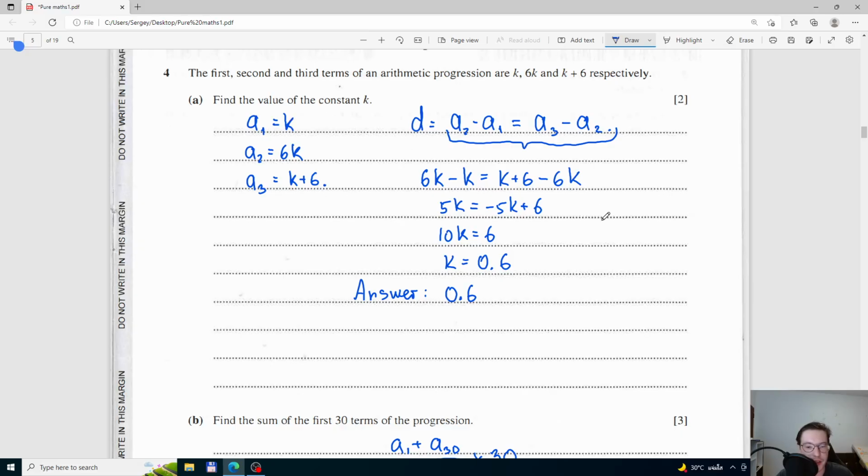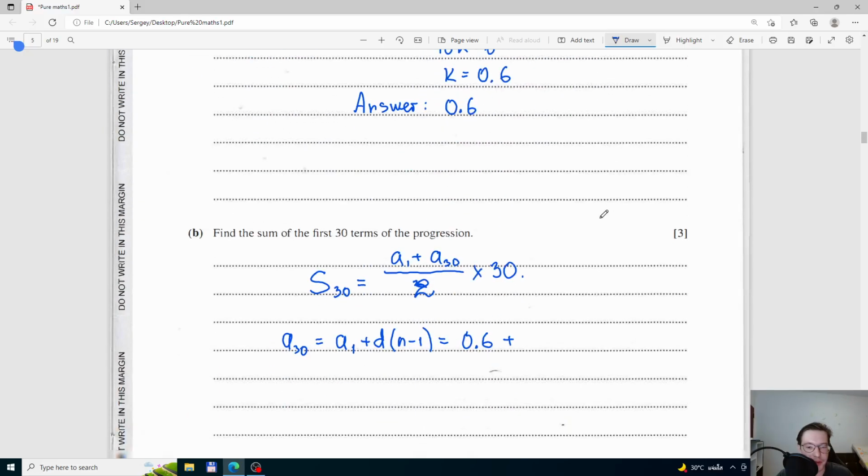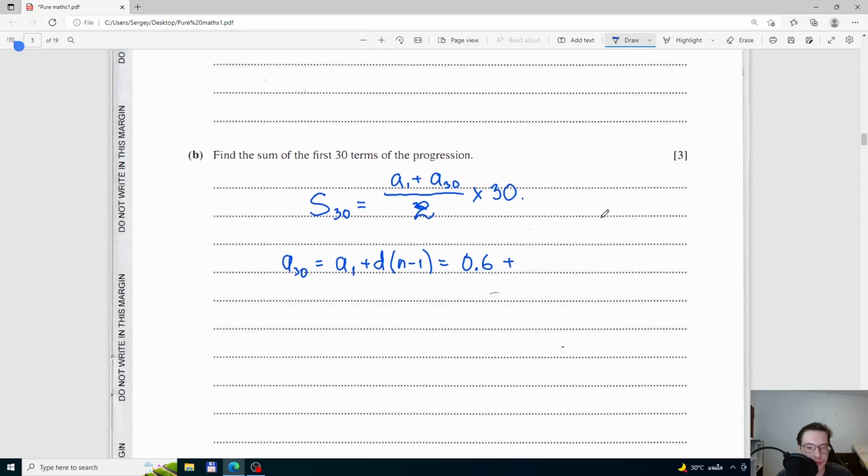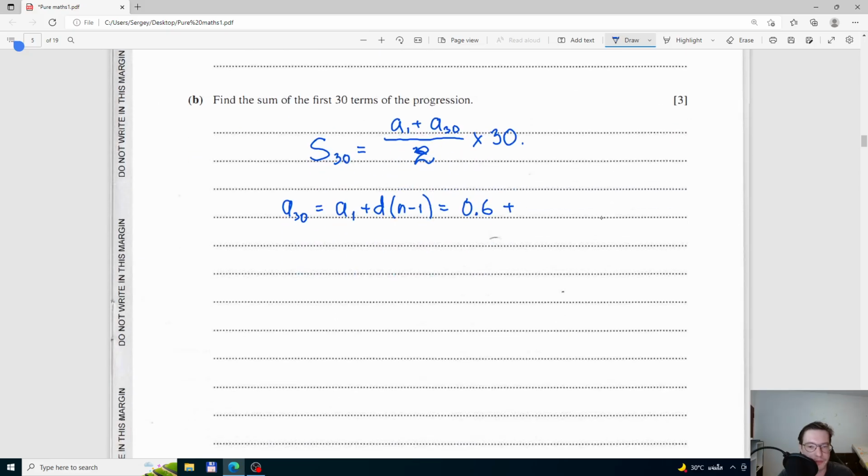And since k equals 0.6, the difference is 0.6 times 5, so it's 3, times (n minus 1), well, n is 30, minus 1, 29. Okay, calculating that gives me 87.6.